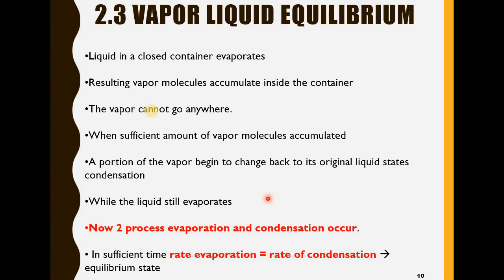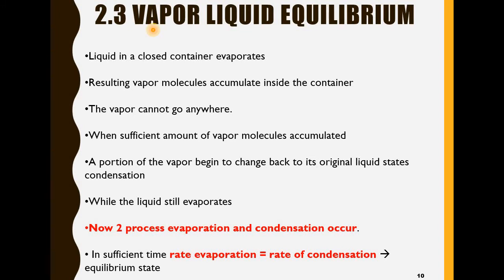Next we will see vapor liquid equilibrium, and why we have to study this. Vapor liquid equilibrium is a very important fundamental in the distillation process, because, as I showed you before, the mixture can be in vapor liquid equilibrium.